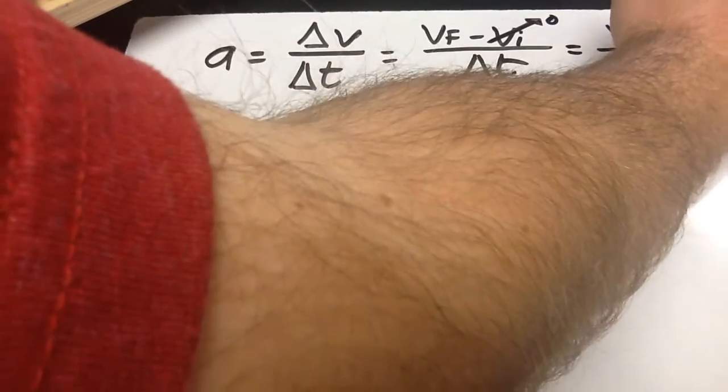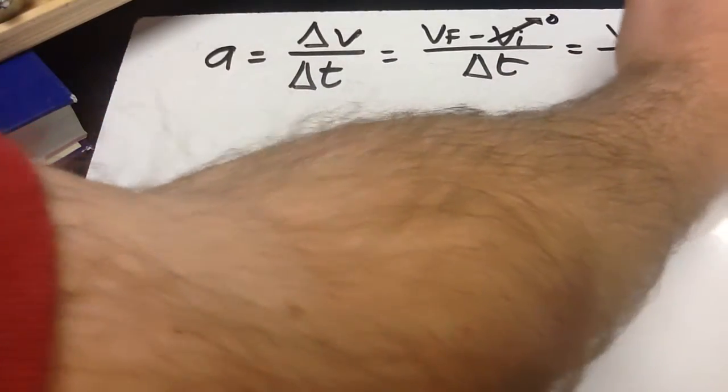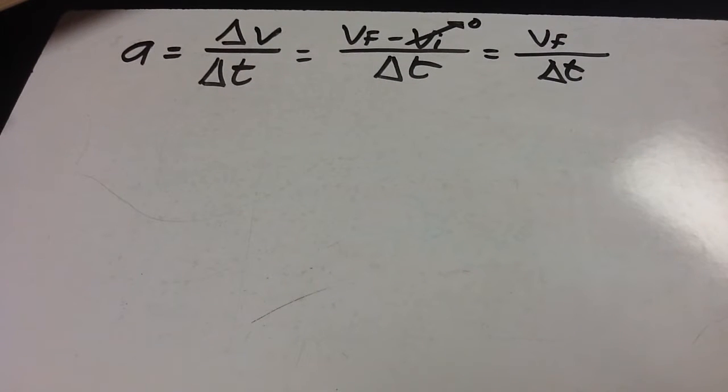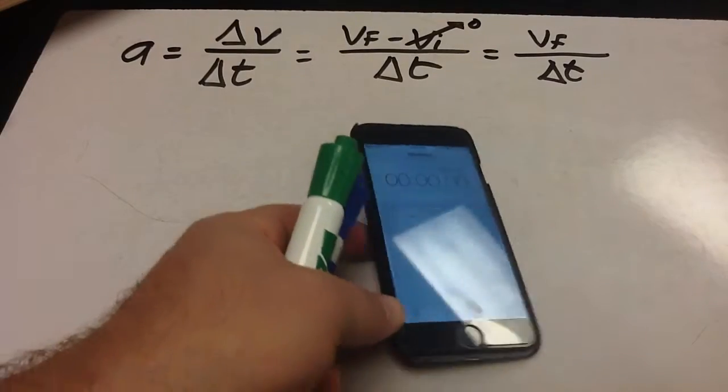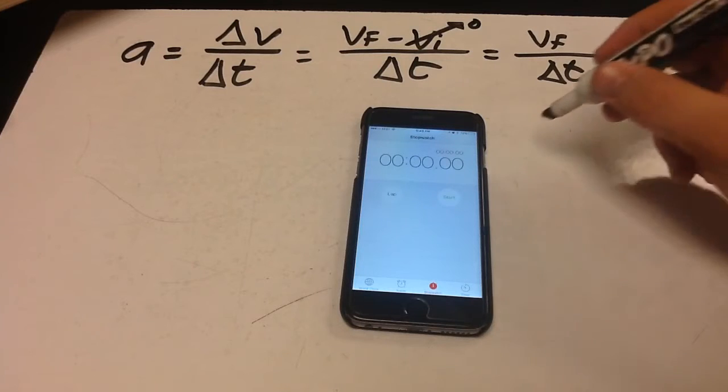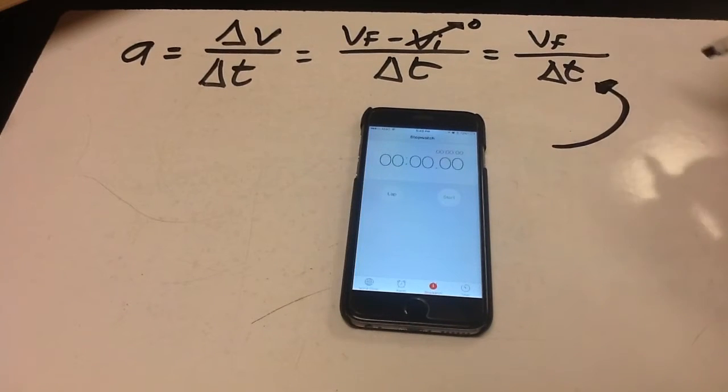So all that we really have to do is figure out what the final velocity of the cart is and how long it takes to get there. To measure how long it takes to reach that final velocity, we're just going to use our good old stopwatch timer on our phone. The stopwatch timer is going to give you this time right there.